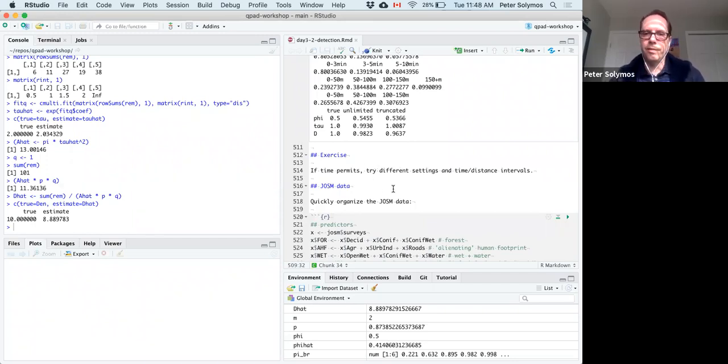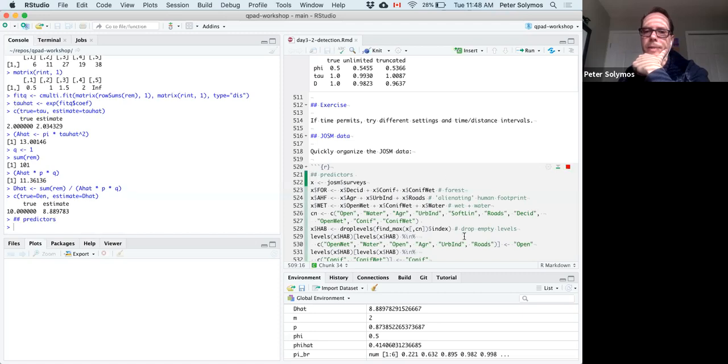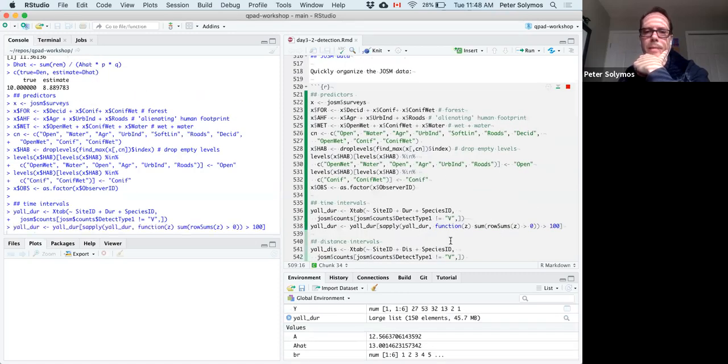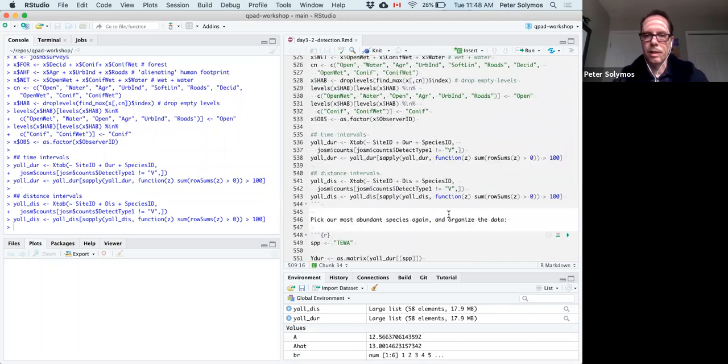So before we go there, after the break, so we have plenty of time to play with the settings and see how different these results might get if we change the distance bins, add the distance error or movement of the individuals, and just see how this happens for the real data set, which is running this code so that we set up our data for the JOSM Alberta data set that we did before.